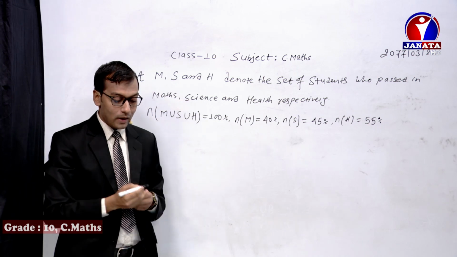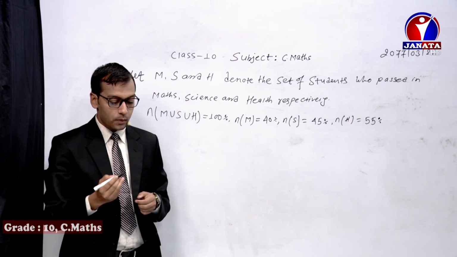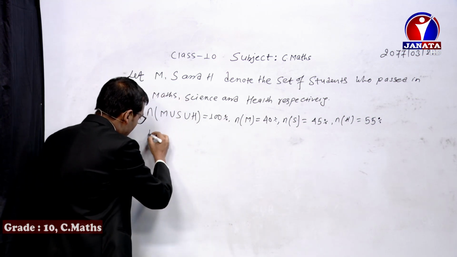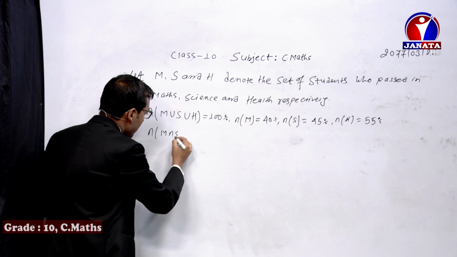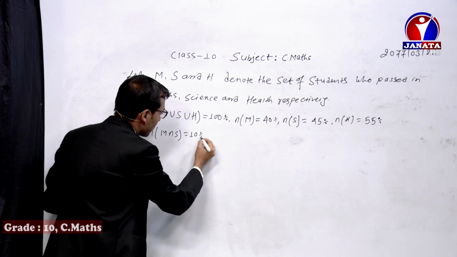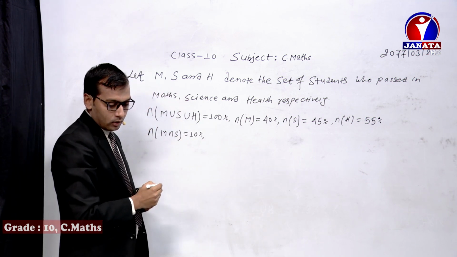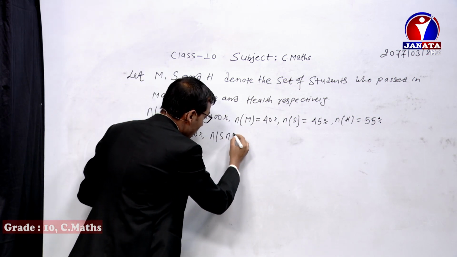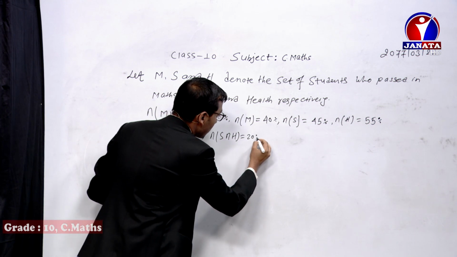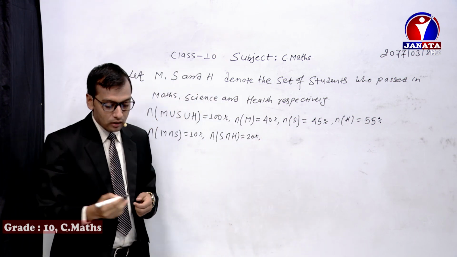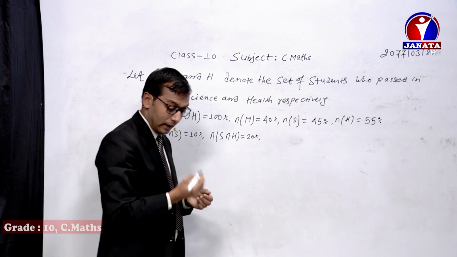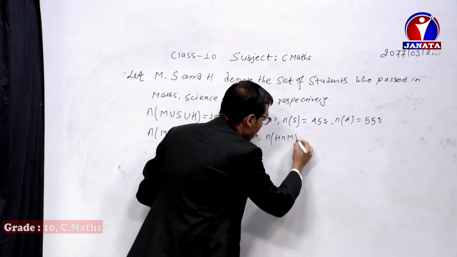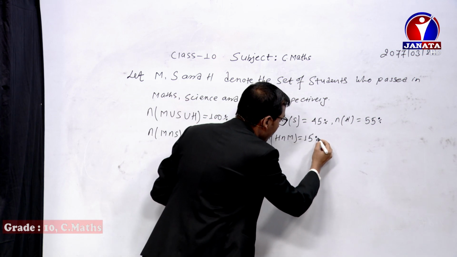If 10% passed in math and science, then 10% is the intersection of math and science. So n of math intersection science is 10%. 20% in science and health: n of science intersection health is 20%, and 15% in health and math: n of health intersection math is 15%.